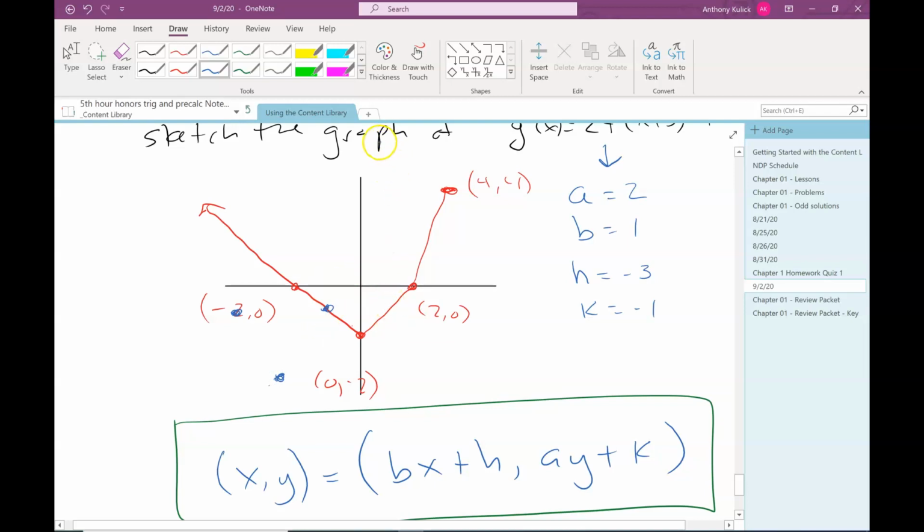And then 1, 7 is probably somewhere like up there. So then I just kind of plot my points. Is everybody okay with that?